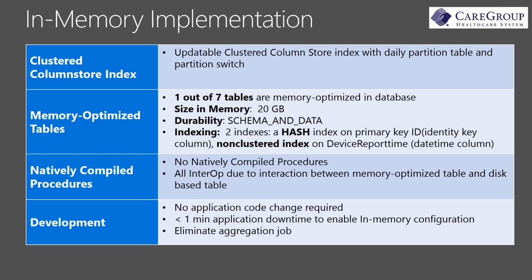We talked about the different table options for memory optimized tables. For indexing, they used 2 indexes. They had a hash index on an identity column on their primary key. And because they were pulling that data from the memory optimized table into the column store index via insert select, they had a non-clustered index on a date time column.